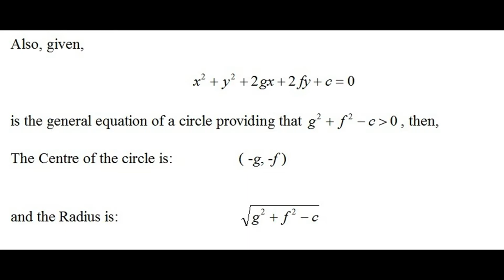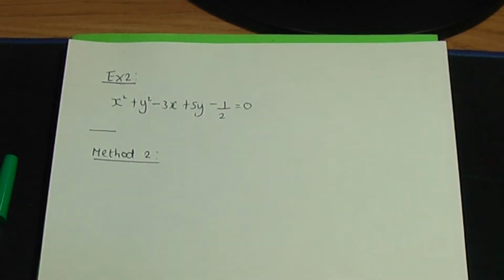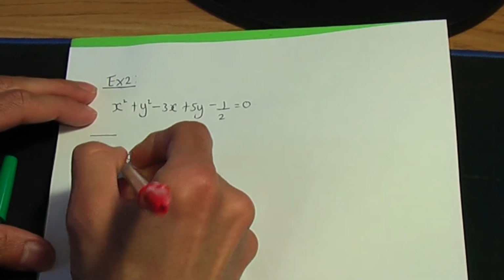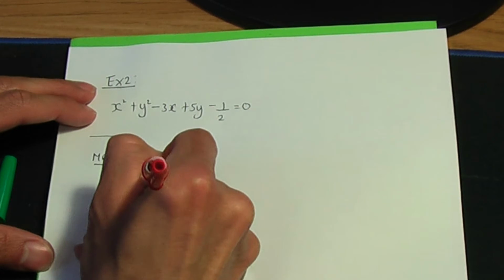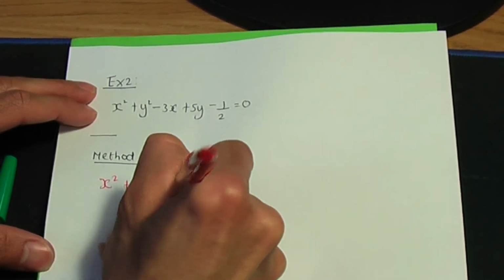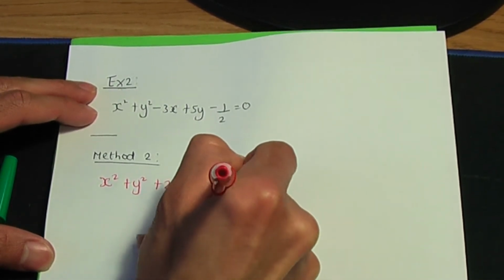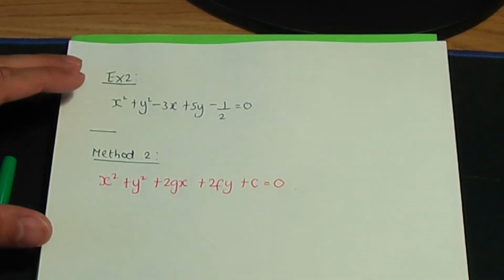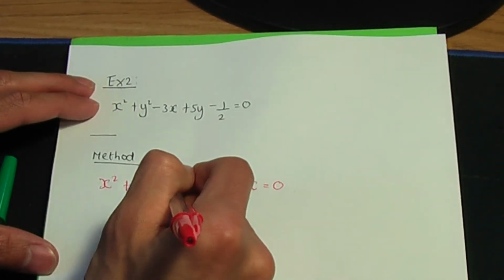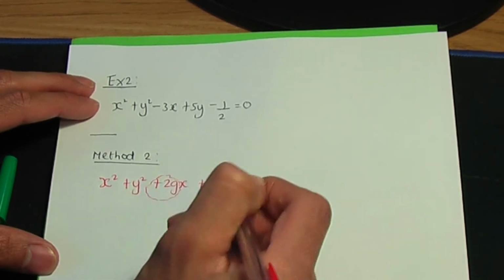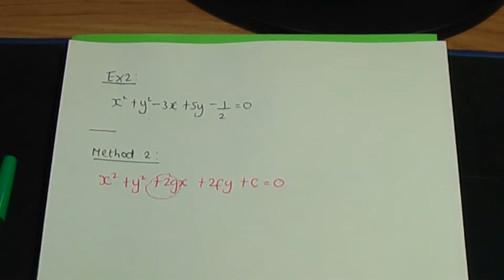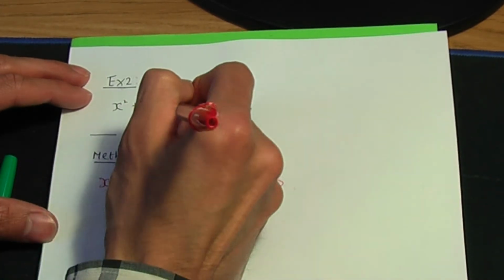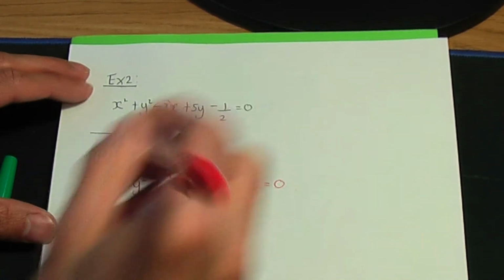Let me compare that with the general form x squared plus y squared plus 2gx plus 2fy plus c is equal to 0. By comparison, 2g, the term in front of x, looking at our equation, is minus 3.